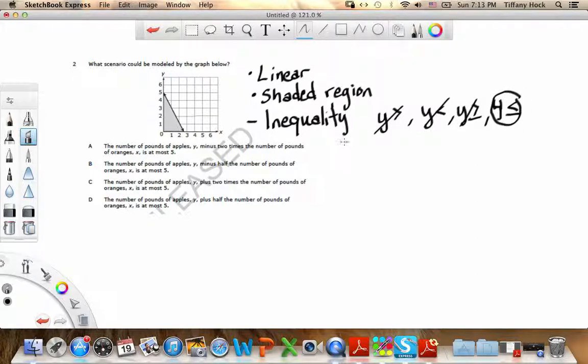Okay, so just my thoughts when I look at this is I start to notice what type of inequality this is. Alright, so I'm looking for an equation or a situation that is represented by y is less than or equal to, and then whatever the equation of the line is.